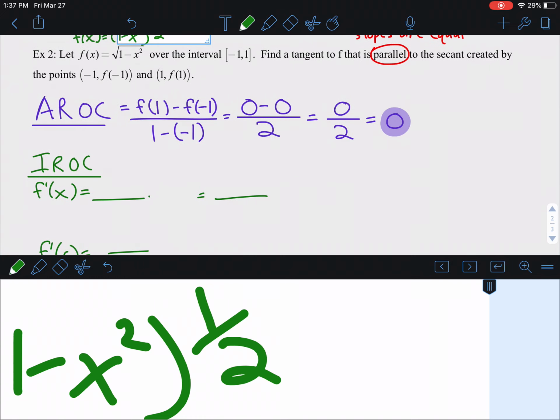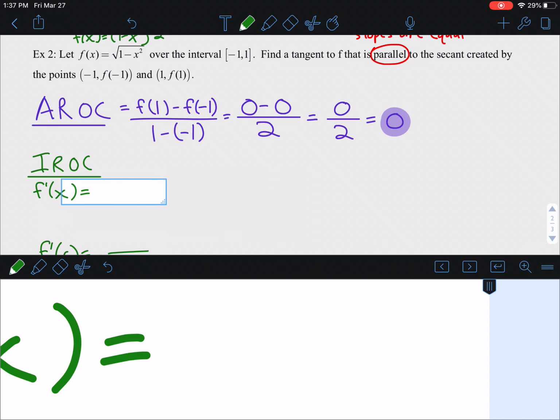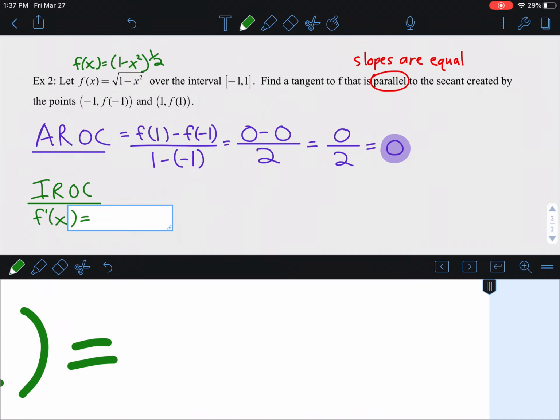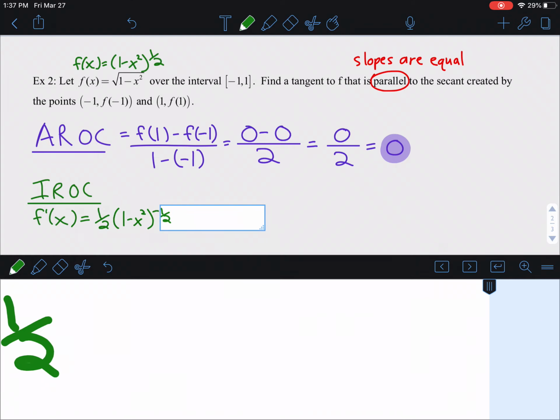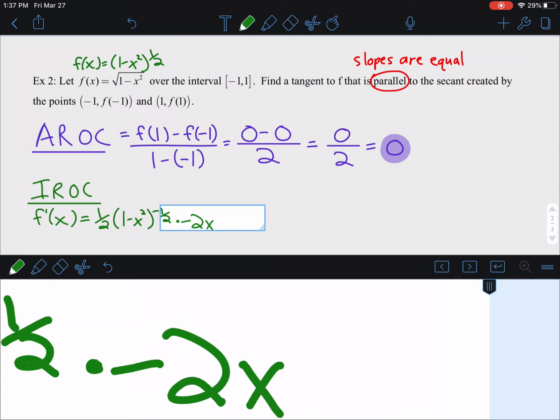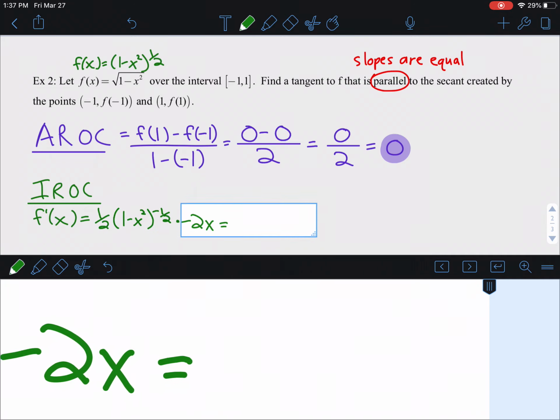Okay, and I think I'm going to change this up here a little bit. Let's get rid of that. Okay, and so now I'm going to start off with some power rules. So 1/2 the quantity 1 minus x squared to the -1/2, and then I'm going to multiply by the derivative of the inside, which is -2x. I think we've seen this derivative before. And so what are we going to get here?